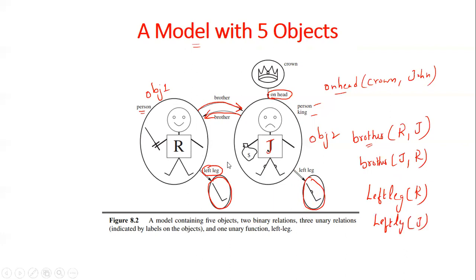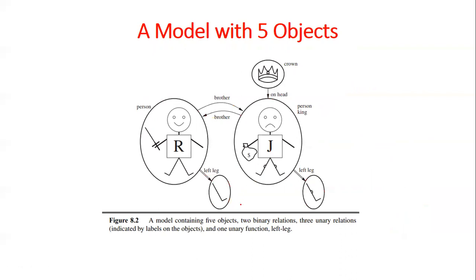So if you see this typical example, this example contains 5 objects, 2 binary relations, 3 unary relations, and 1 unary function. That is, left leg is a unary function. So what are the 5 objects? We'll list them down.